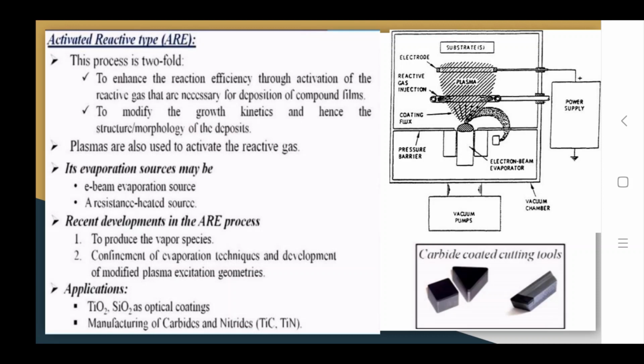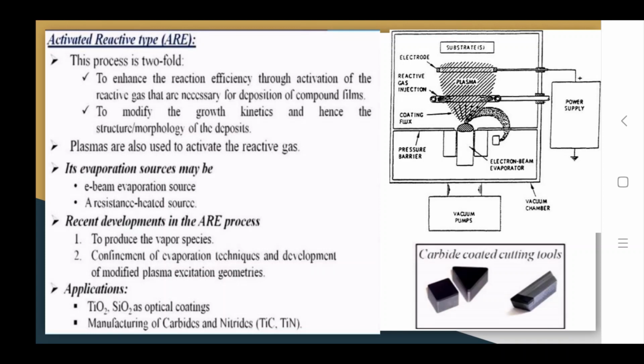Now what are the applications? We can make titanium dioxide and silicon dioxide as optical coatings, and manufacture carbides and nitrides, meaning titanium carbide and titanium nitride, which can be used for coating some kind of tool material or cutting tool material. Here we can see inserts, which we generally use for cutting tools, because as we know, if we want to make a cutting tool entirely from any such material, it will be very expensive.